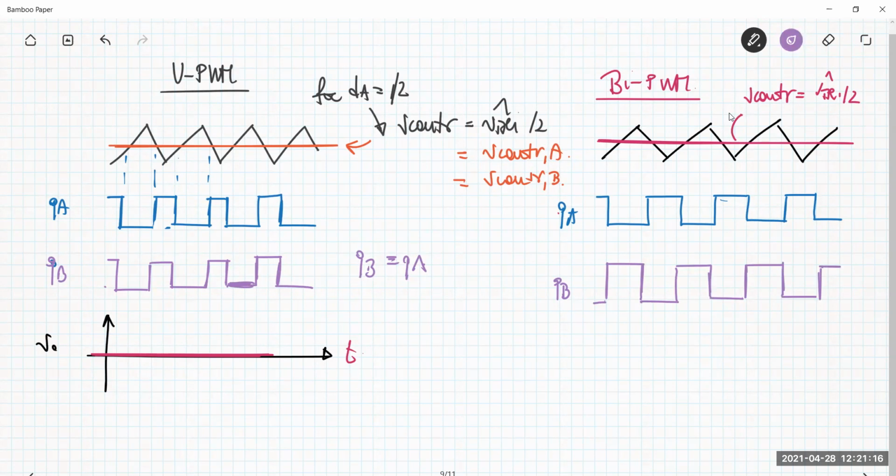So what happens to the output voltage? The output voltage now is something like this.